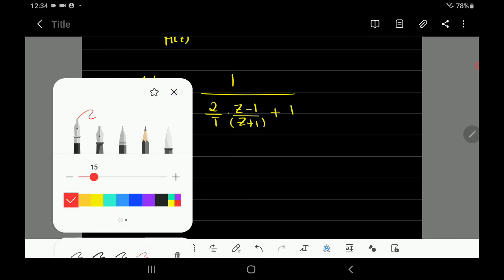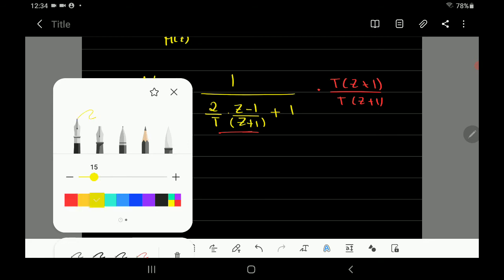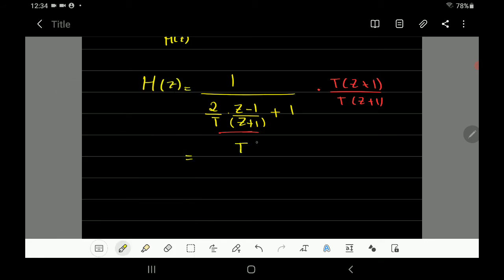So let me make it clear here to understand. I'll multiply here by T(z plus 1), and on the bottom T(z plus 1), to get rid of this. What we get in the top part is T(z plus 1), and on the bottom, when you multiply this by this, it will cancel, and you'll have only 2(z minus 1), and 1 multiplied by this, we'll have T(z plus 1).